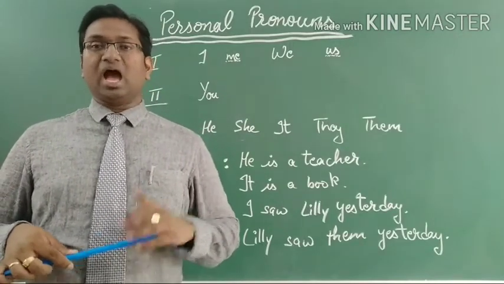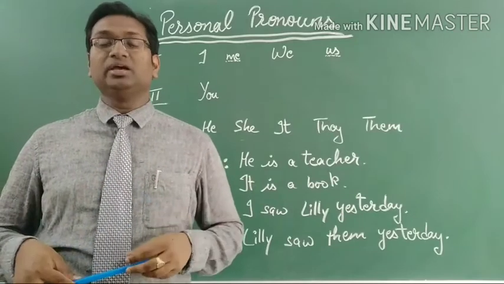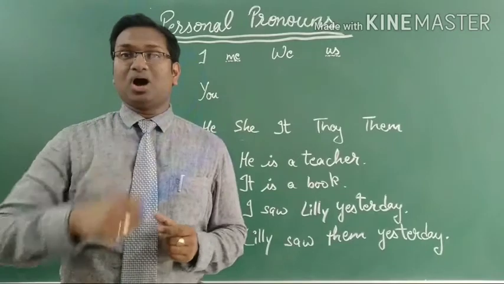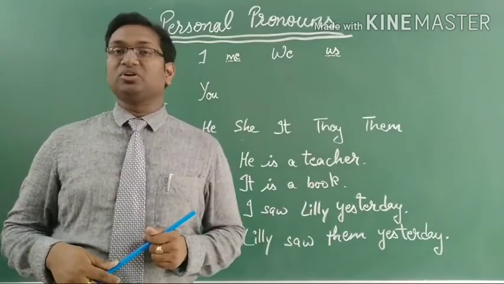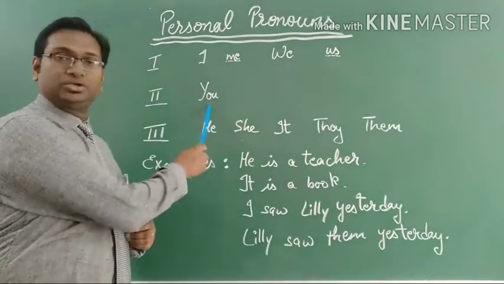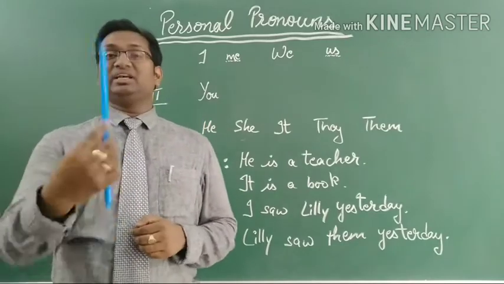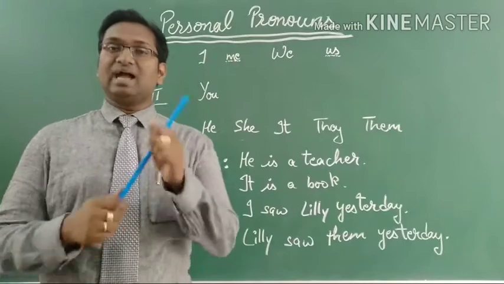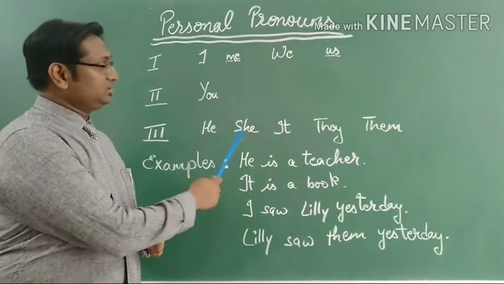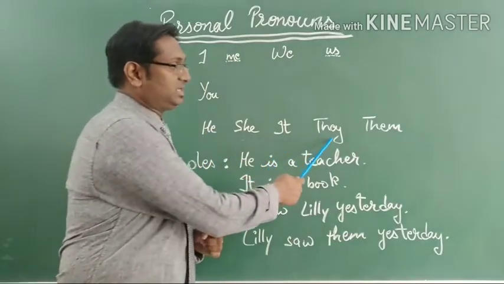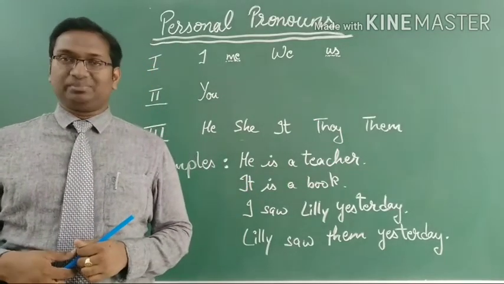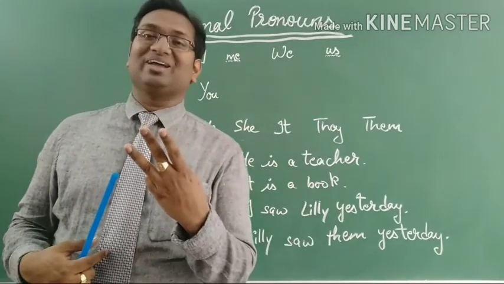Singular I, and plural, more than one, we. Then second person, suppose you are the second person. So for second person we use you. And if first person and second person are talking about a third person, then that third person is he, she, it, they, them. Got it?